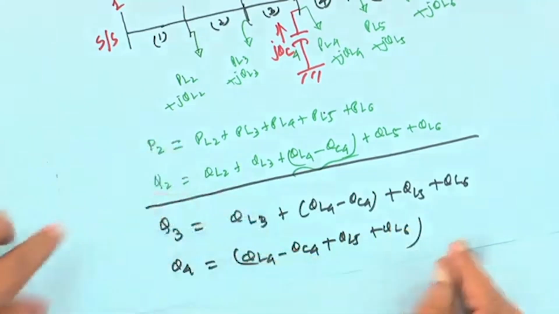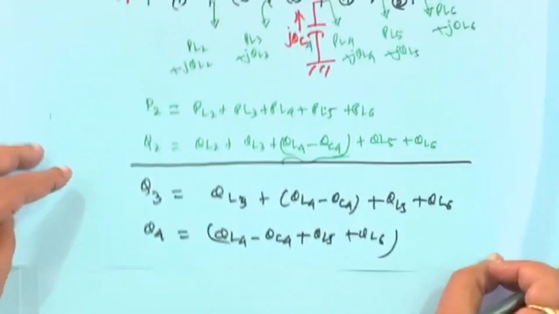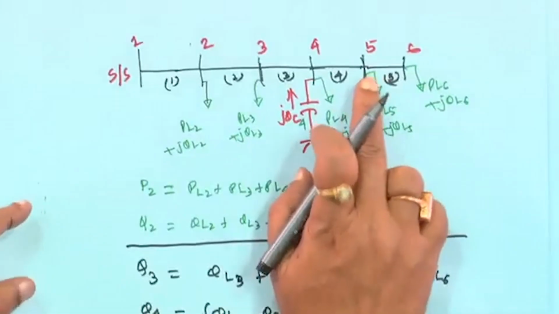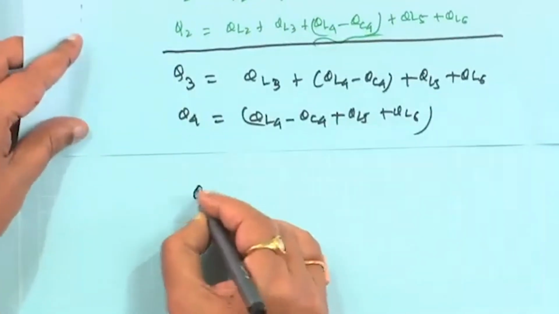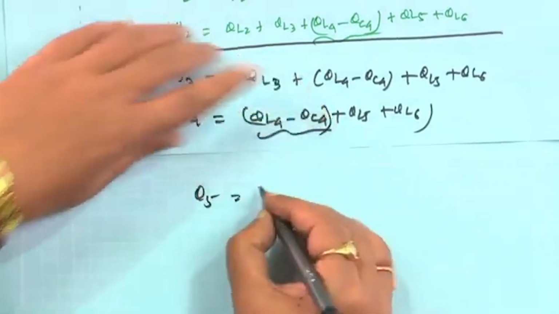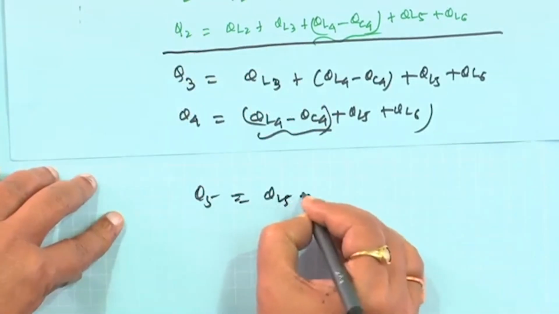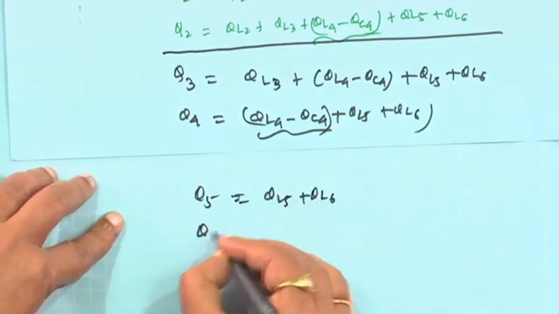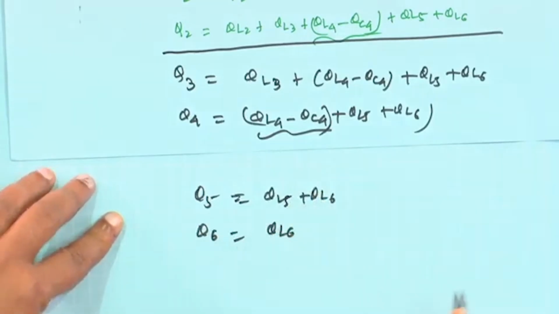Up to Q4 it is fine. Next, what is Q5? For node 5, the QL4 minus QC4 term will be dropped, so Q5 is equal to QL5 plus QL6, and Q6 will be QL6.